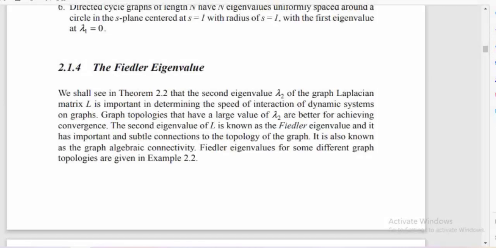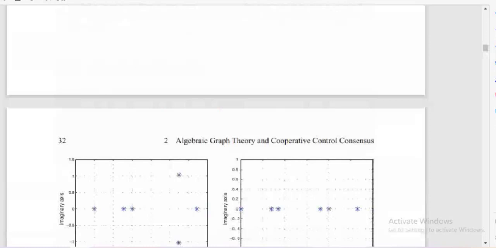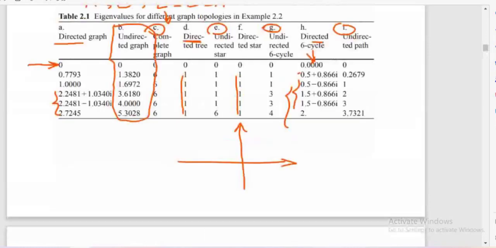And there is a Fiedler eigenvalue. In this table, the first eigenvalue.